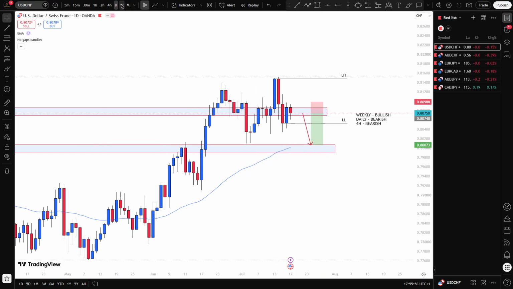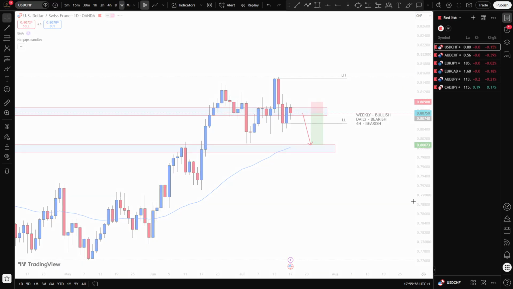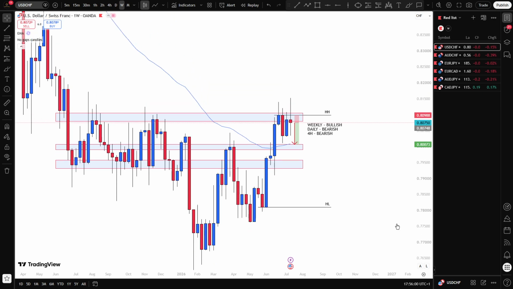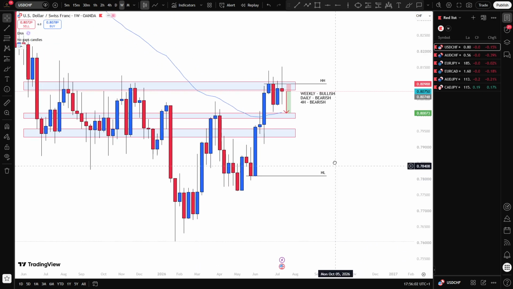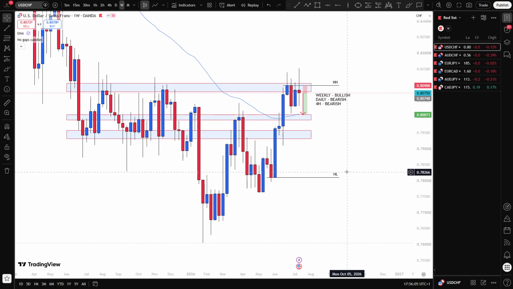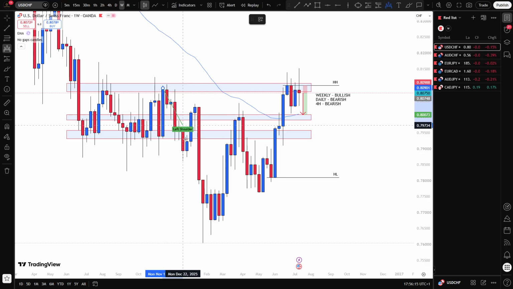If we go back to the weekly time frame, you see that it has a very interesting pattern, which is the inverted head and shoulder. Price is at the lowest point, rejecting and consolidating around this zone.